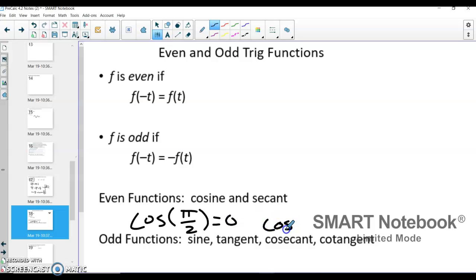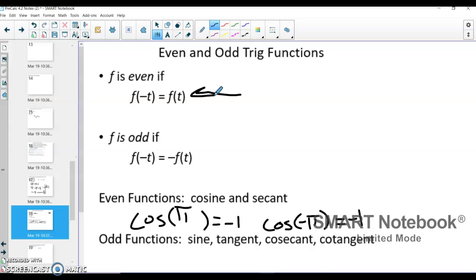And the cosine of pi would give me -1. The cosine of negative pi would also give me -1. So the answer doesn't change whether you plug in a positive or a negative, and that's how we know it's an even function: the output is not going to change whether you're plugging in a positive or negative.